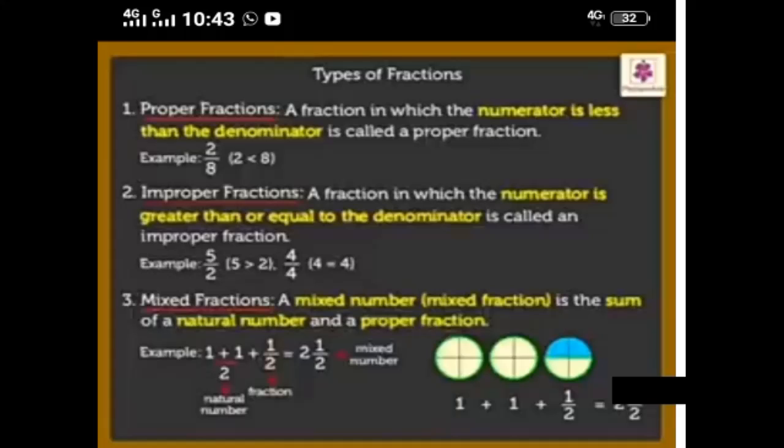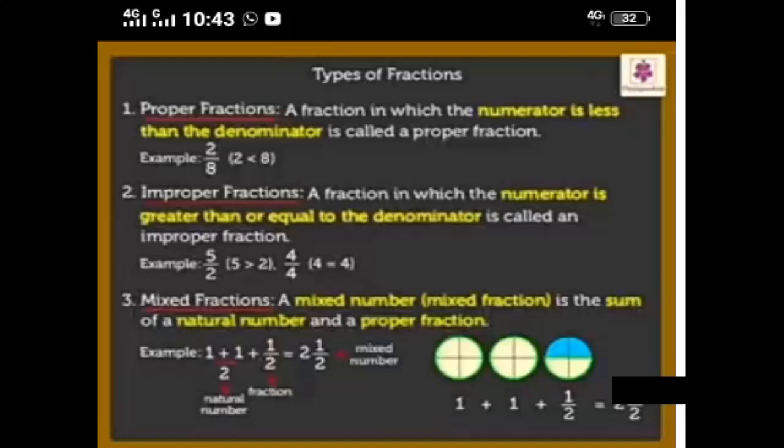Once again, read this. Proper fraction: what do you mean by proper fraction? A fraction in which the numerator is less than the denominator is called a proper fraction. Next one, just the reverse: improper fraction, a fraction in which the numerator is greater than or equal to the denominator.